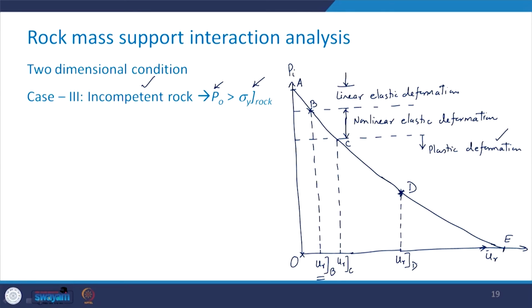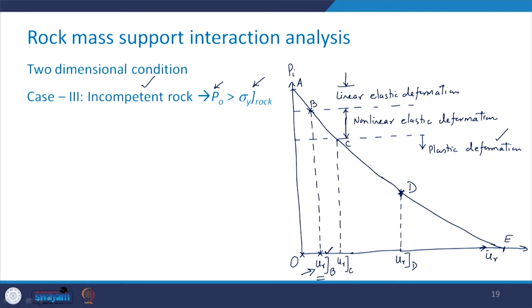Now, the deal is that before the installation of the support system, URB has been allowed. So, the support reaction curve will start from this point and not from the origin, because before the installation of the support system, this much has already been allowed.